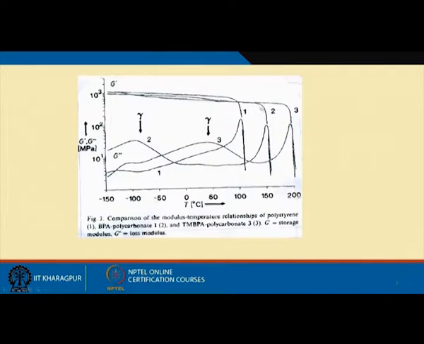This is the temperature which signifies your Tg, because this G prime signifies the stiffness of the material, and so when you go beyond Tg, the stiffness drops because you are losing the material properties, and your segmental motion has started to play more role, the chains have become more flowy, and so forth. So, the G prime drops.